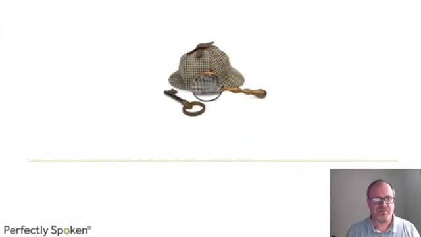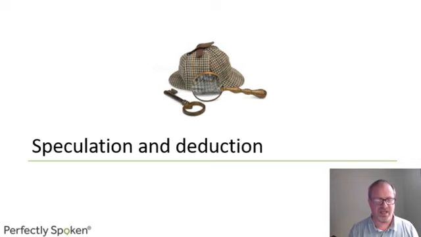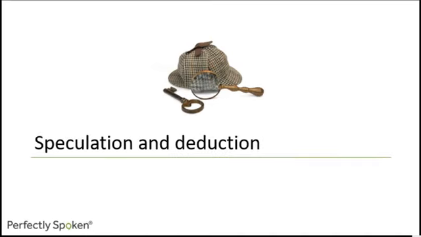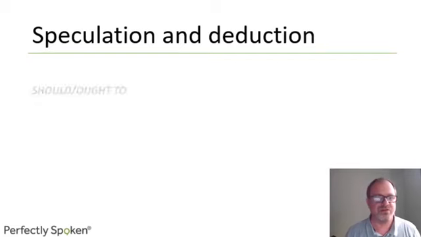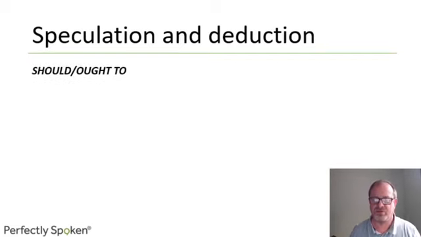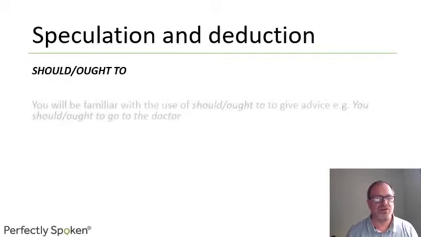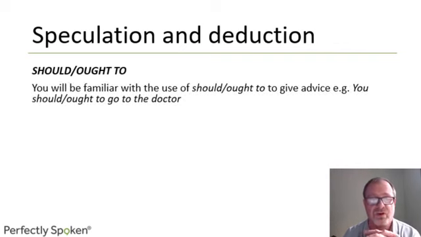Okay, so as I said to you before, we're going to be looking at should, so that's should or ought to. Obviously, you'll be familiar with should and ought to in terms of giving advice. You know, you've got a toothache, you should go to the dentist.